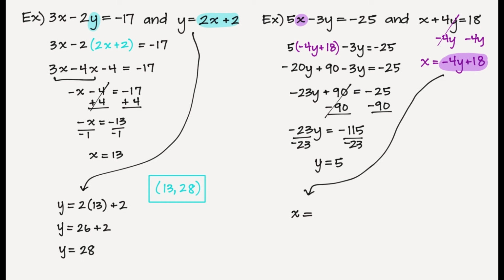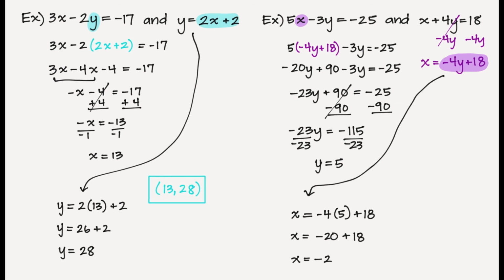So that's going to be negative 4 times positive 5 plus 18. So that is negative 20 plus 18. And when I combine those, I find that x is equal to negative 2. So my point then is negative 2 comma 5. Make sure you write it in the correct order.